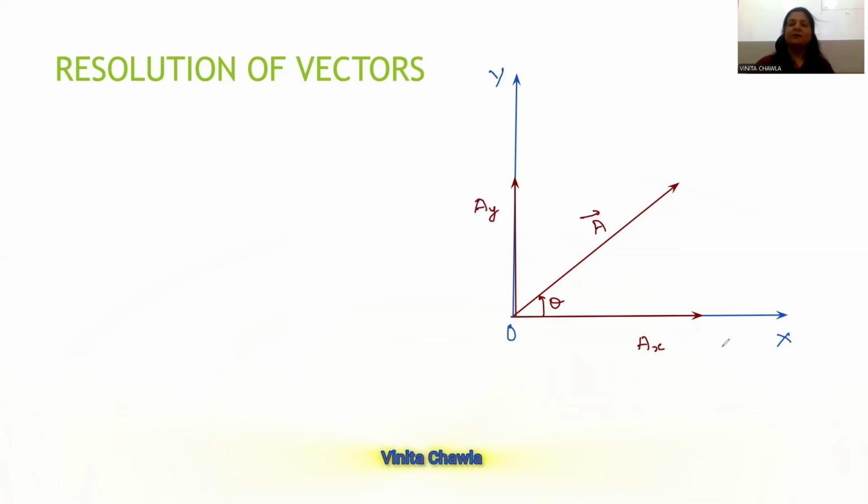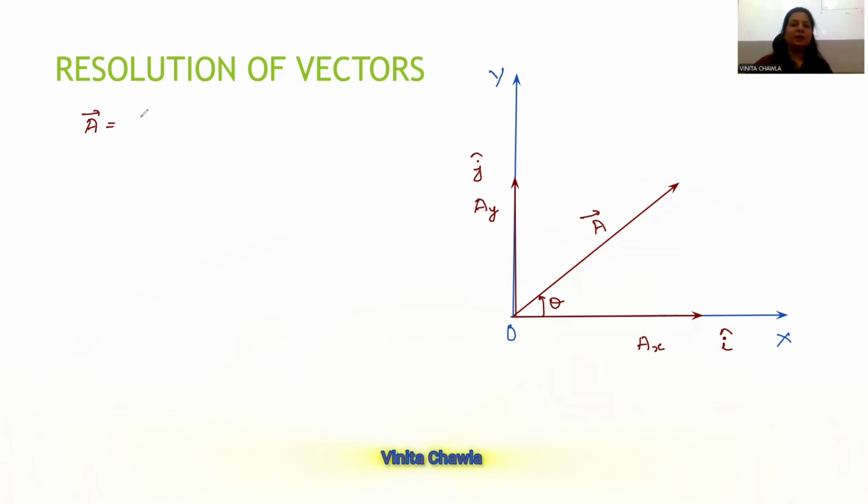Okay, along x-axis unit vector is represented by i cap, along y-axis unit vector is represented by j cap. So we can write vector A as, क्योंकि इसमें parallelogram law of vector addition लगाओगे, है ना. So this is the resultant vector of these two vectors.